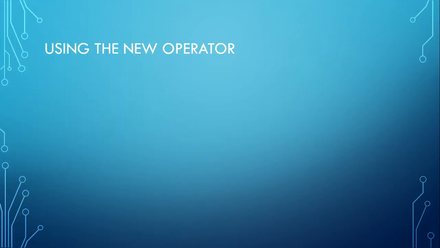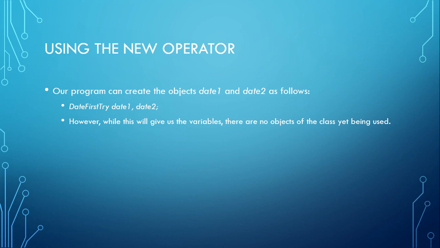Now, let's use the new operator here, which is something we may not realize we've been doing, but it's something we do have access to. Our program can create the objects date1 and date2 as follows: DateFirstTry date1, date2. However, while this will give us the variables, there are no objects of the class actually being used. Even though we define date1 and date2, they're not really being used at all.